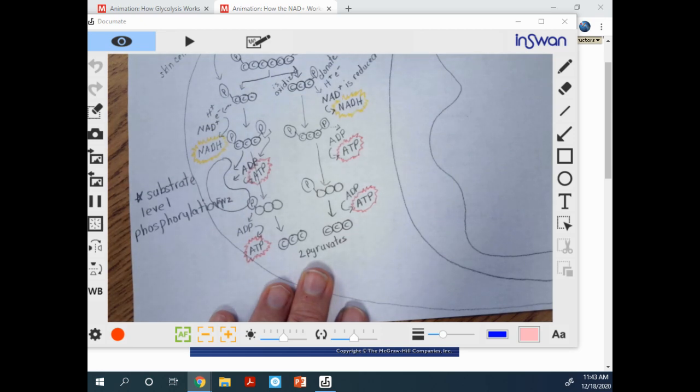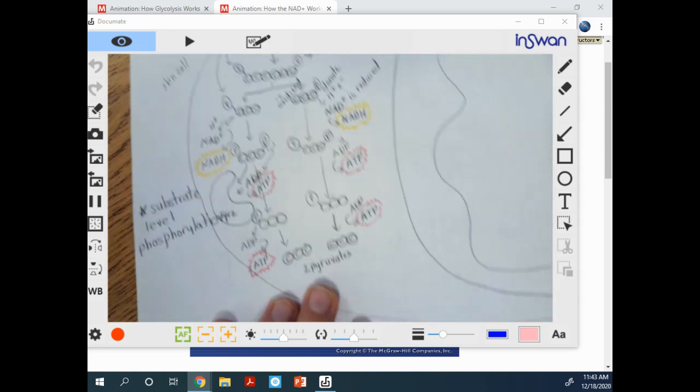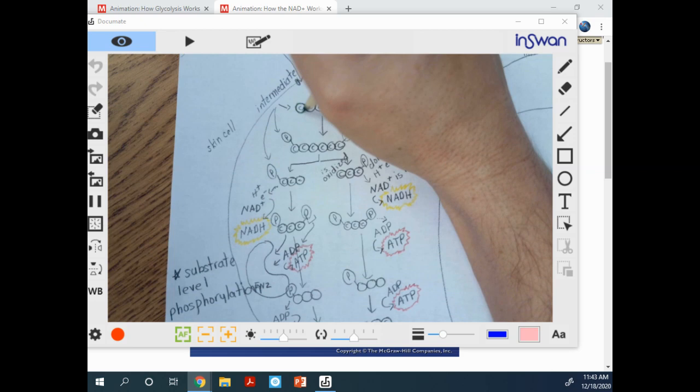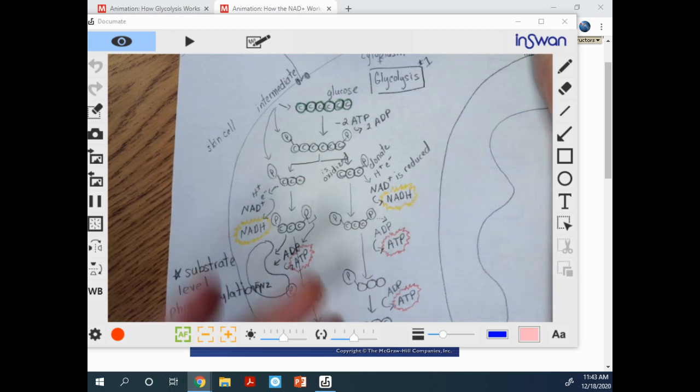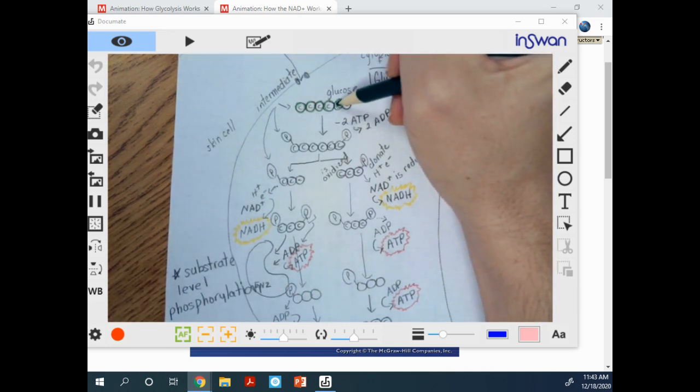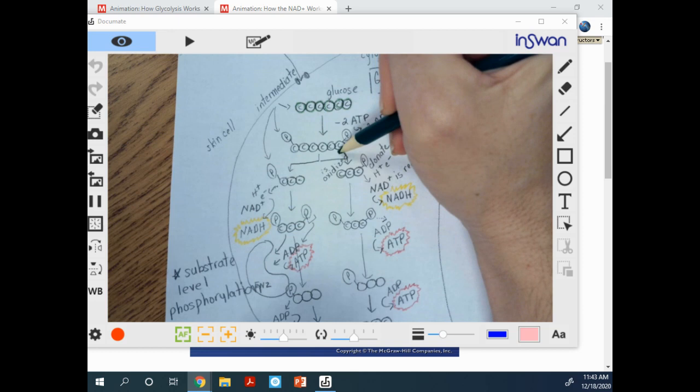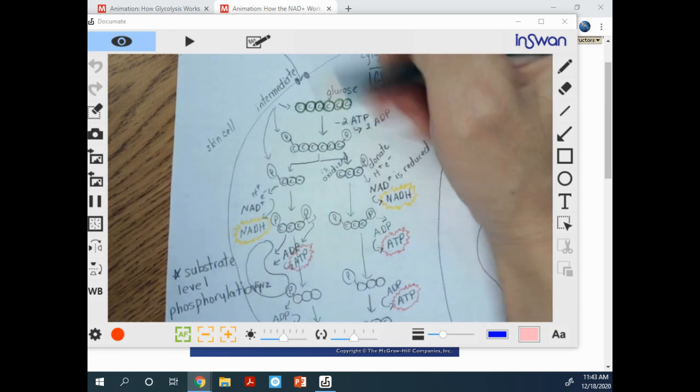All right. And then I am going to take my green just to emphasize something here. I'm going to go back and make my glucose green. You don't have to make all of these, but I want you to realize that these aren't 2 different molecules. This molecule is glucose just later on in time.